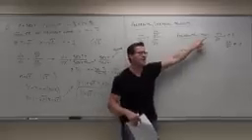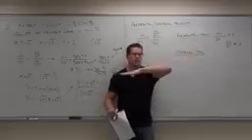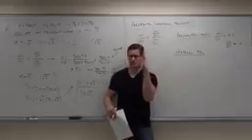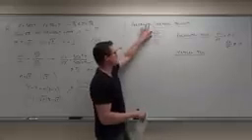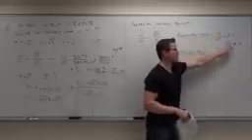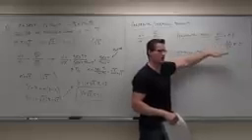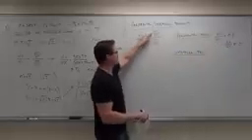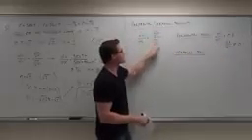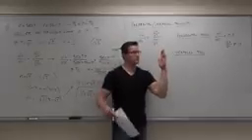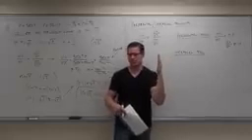For a vertical tangent, the numerator would be a number and the denominator would be 0. That's a vertical asymptote in functions. That's a vertical tangent for parametric equations.